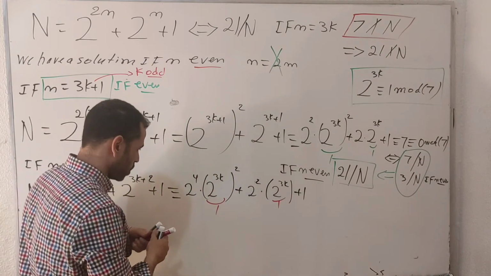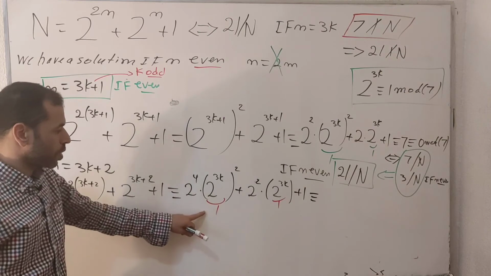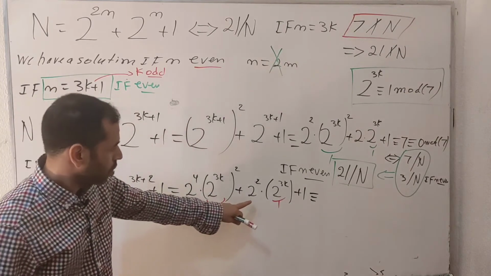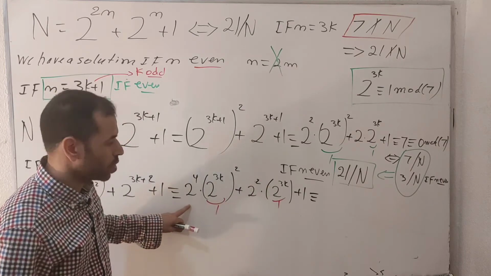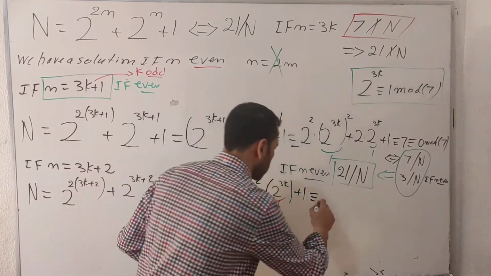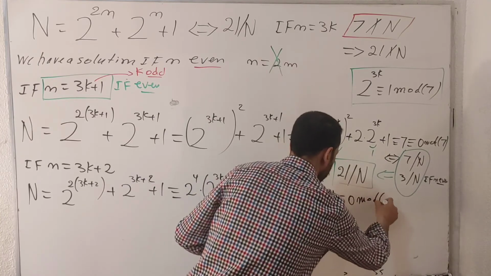I'm going to calculate this one. So 2 to the 4 is 16, multiplied by 1 stays 16. This one is 2 to the 2, which is 4. 4 plus 16 is 20, and 20 plus 1 is 21. 21 is congruent to 0 mod 7.